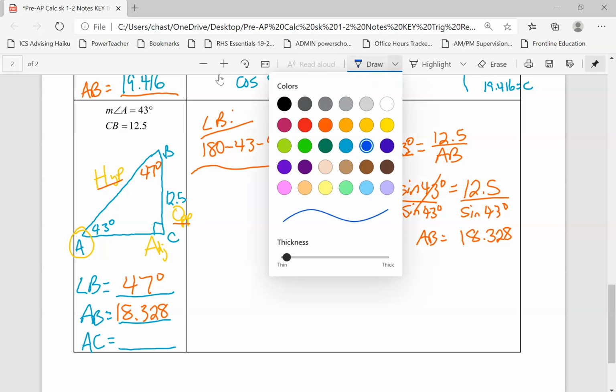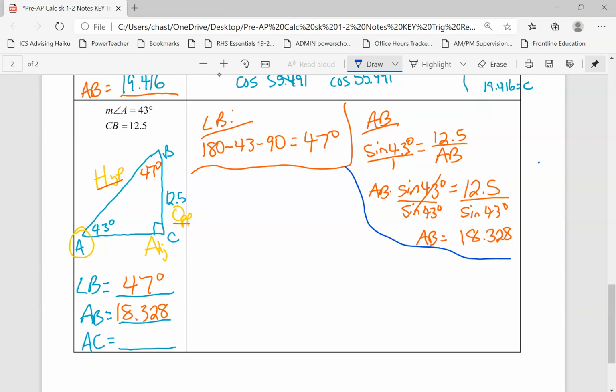All right. Now for the final one, to find AC, I could either use the Pythagorean theorem, now that I know this side is 18.328, or I could use another trig ratio that involves the opposite and the adjacent. It's up to you what you decide to do. I think I'm going to do trig, so to find AC, I'm going to use angle A as my reference angle.